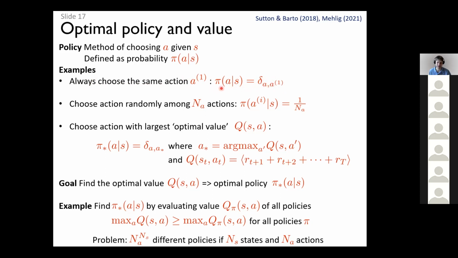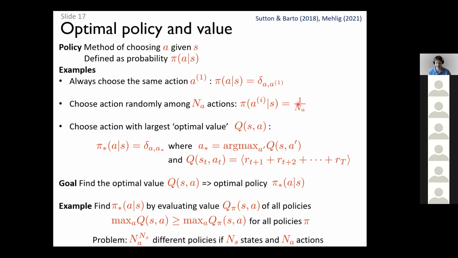That's the discrete example. The policy could also be stochastic. For example, if it chooses a random, uniformly random action among all N_A actions, then the policy to choose action A_i given state S is just 1 over the total number of actions.